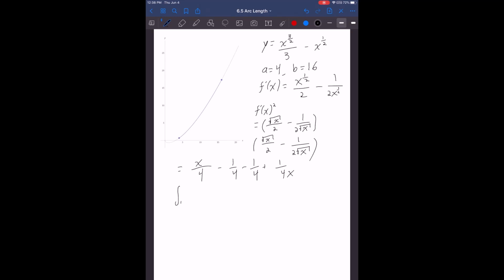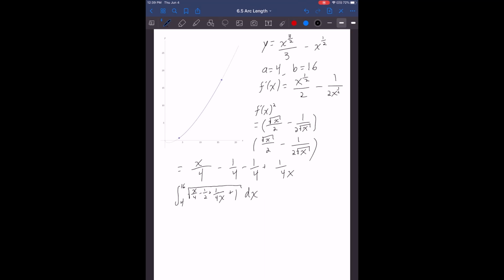So taking all of this information, plugging it into our equation, we get that this is the integral from 4 to 16 of the square root of x over 4 minus 1/2 plus 1 over 4x plus 1 dx.